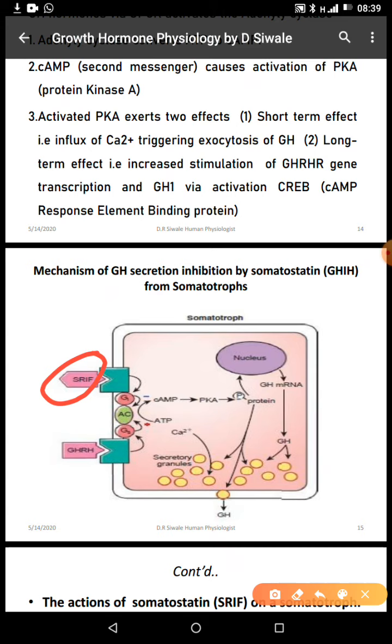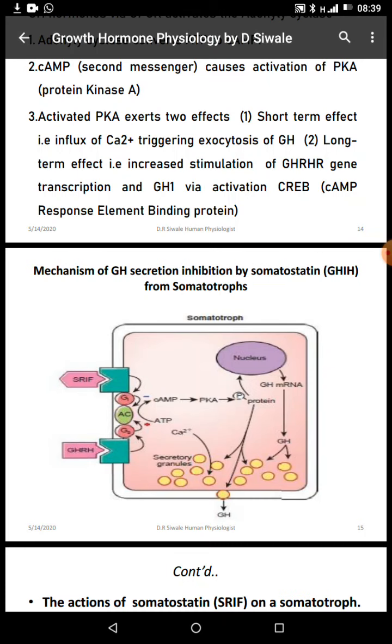So somatostatin inhibits growth hormone secretion by blocking the action of what? By blocking the action of growth hormone releasing hormone on the somatotropes. So somatostatin binds to its own membrane receptor, which is coupled to the adenylyl cyclase by the G inhibitory protein, inhibiting the generation of cyclic AMP and decreasing growth hormone secretion.